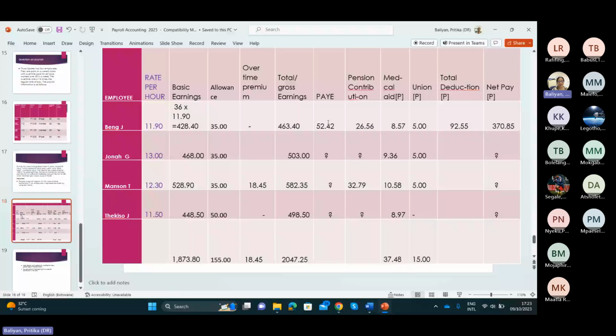First of all, before we charge the tax, we need to calculate the pension contribution. Why do we need to know the pension contribution first?